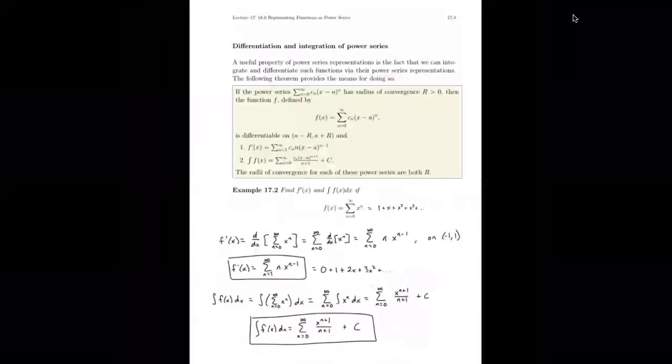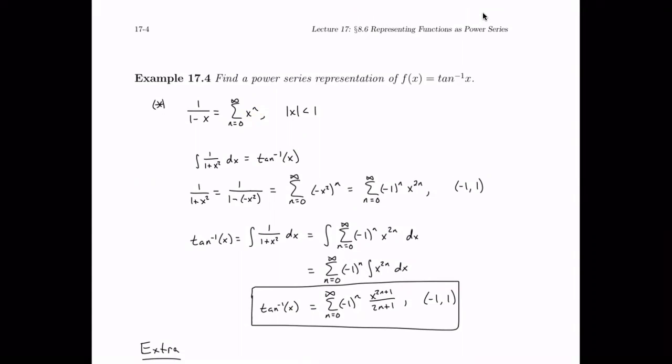Right, so that's our basic technique using calculus to build new power series. In this example, we're asked to find a power series representation of f of x equals tangent inverse of x. What we'll start with is 1/(1 minus x) is equal to the sum from n equals 0 to infinity of x to the n. This is our geometric series representation.